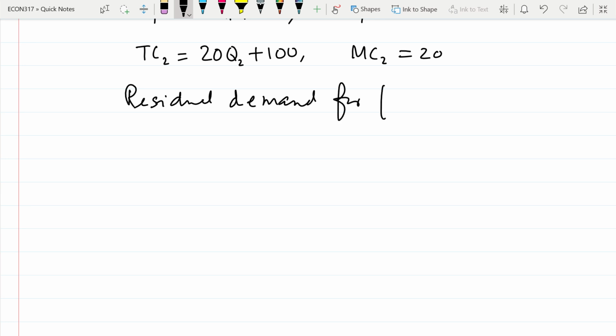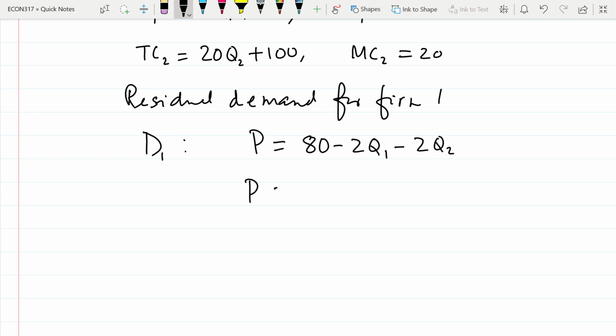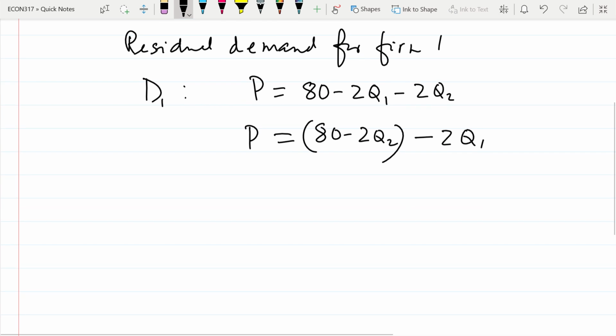For firm 1, I will write it as D1. This is given by price equal to 80 minus 2Q1 minus 2Q2, but remember Q2 is fixed when firm 1 is making its choice, so I will write it as 80 minus 2Q2, that's the vertical intercept, minus 2Q1, which is the negative slope term.